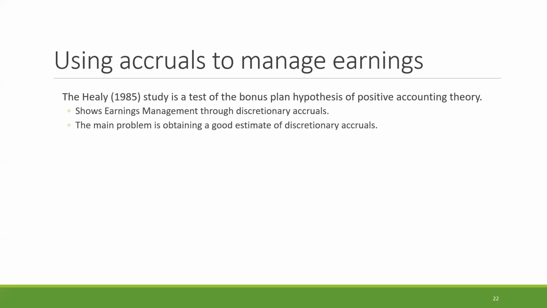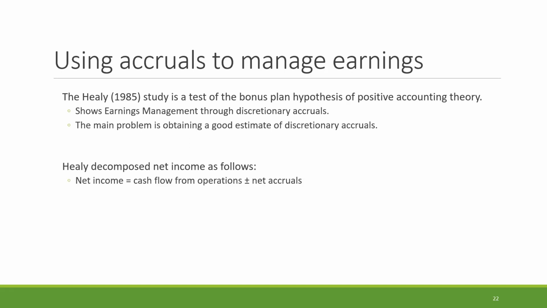Now, a problem is to get a good estimate of what discretionary accruals are. So what Healy did was pretty simple, yet, in hindsight, very elegant. He said, you know what, if I look at net income, it's basically my cash flow from operations, and then I could have either income increasing accruals or income reducing accruals.